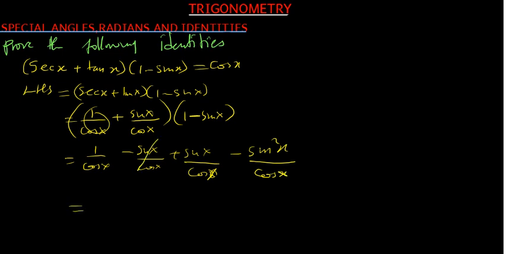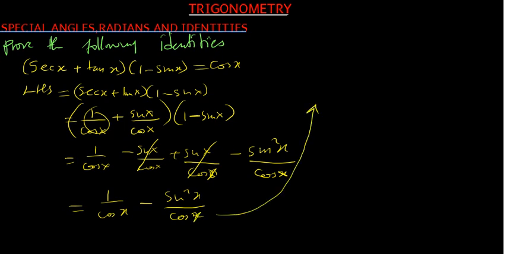Notice that this and this are going to cancel, so we remain with 1 over cos x minus sin squared x over cos x. Now if the denominator is the same, we can simply add what is on top. So let me take it there. So just say 1 minus sin squared x on top divided by, the denominator is the same, so just write cos x. But we know that 1 minus sin squared x is the same as cos squared x.